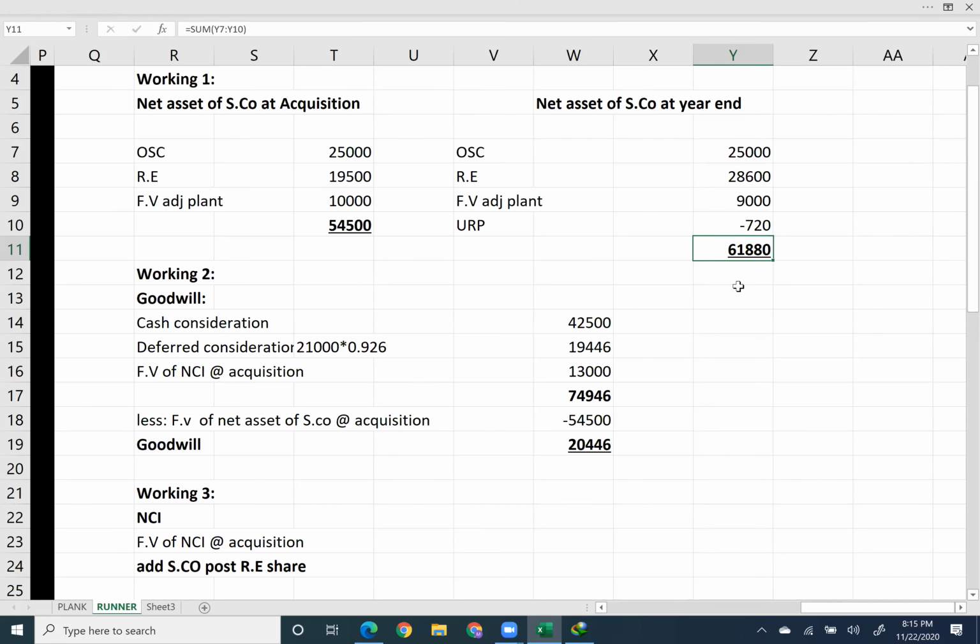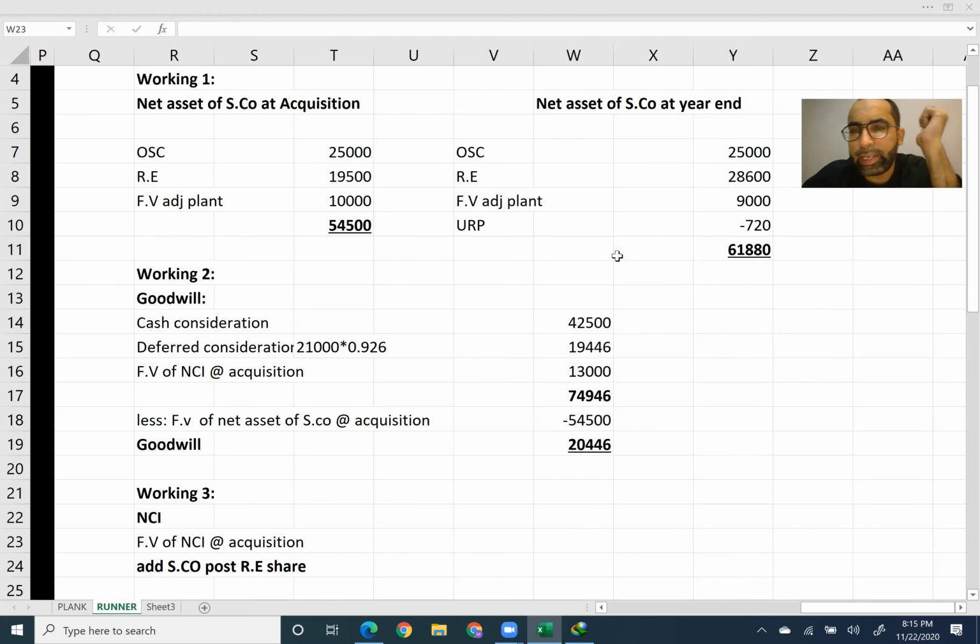Now, let's calculate the fair value of NCI for balance sheet. I hope you remember this. Please look at the screen. In consolidated SOFP, NCI is recorded at fair value. In the full goodwill method, consolidated SOFP NCI is reported at fair value.